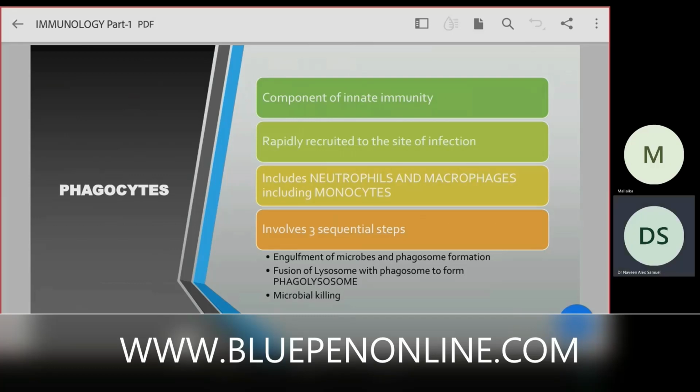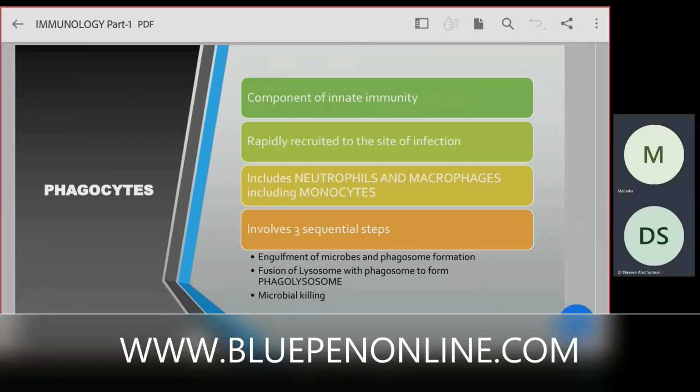You know the word lysosome itself suggests breakdown of the organism. When the phagosome combines with the lysosome, they form the phagolysosome. Once the phagolysosome is formed, the lytic enzymes will kill the microbes. So finally the microbes will be killed. So you got it, phagocytosis.